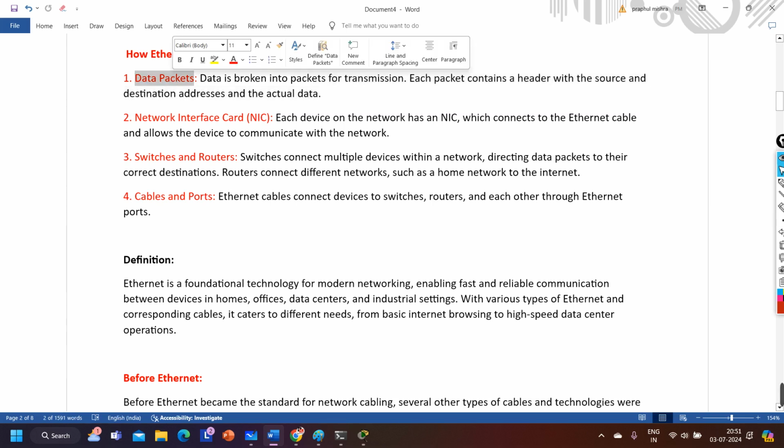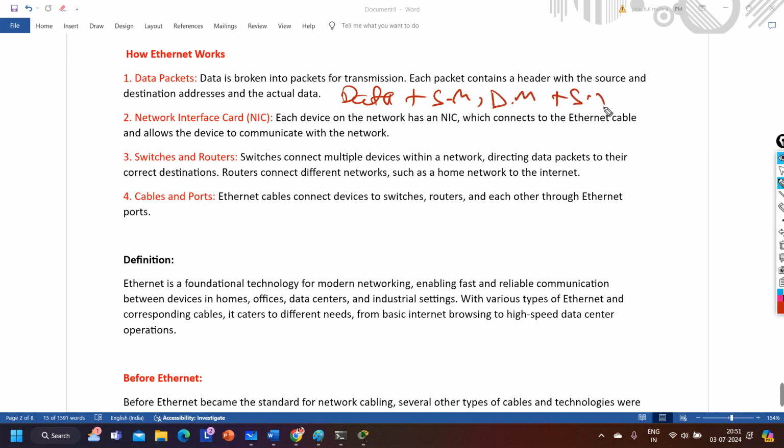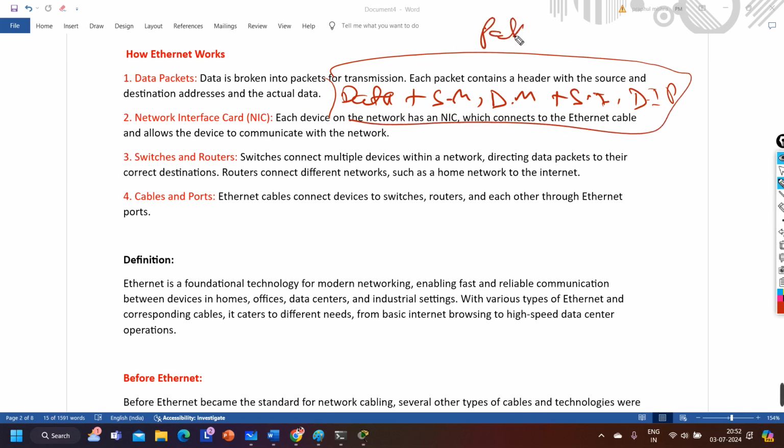So this is the first thing in how Ethernet works. Data is broken into packets for transmission, and each packet contains a header with the source and destination address and the actual data. So a packet means my actual data plus source MAC and destination MAC plus source IP and destination IP. This is what, guys? Packet. And this is what, guys?